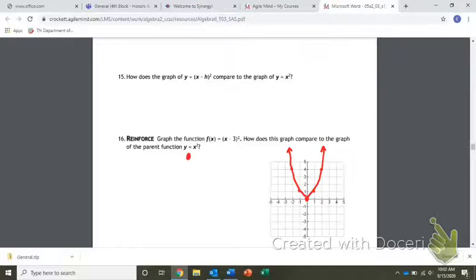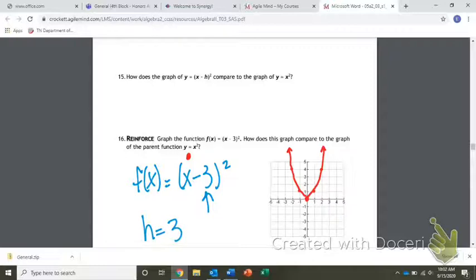Okay, now I'm going to change colors and I'm going to go to blue. And I'm going to write my transformed function, f of x equals x minus 3 squared. Okay, that 3, just this 3, it is a positive 3. So h equals 3. Since it is positive, I am moving to the right 1, 2, 3 times.